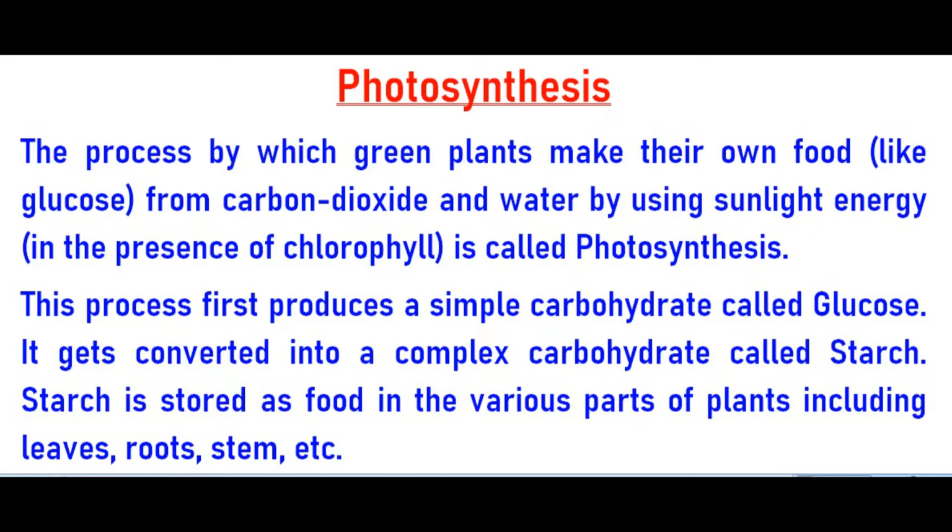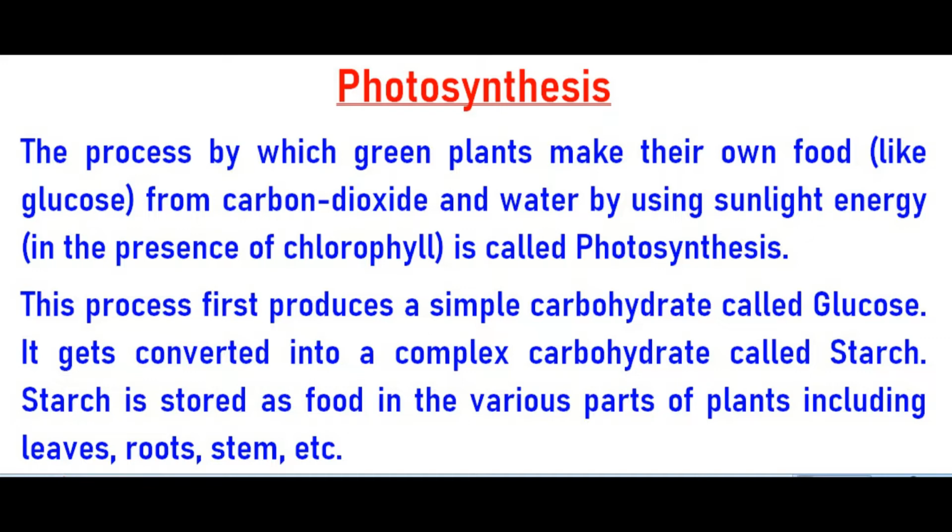Photosynthesis is the process by which green plants make their own food, like glucose, a very simple carbohydrate. They make it from carbon dioxide and water by using sunlight energy, and this energy must be in the presence of chlorophyll, which traps the sunlight energy.